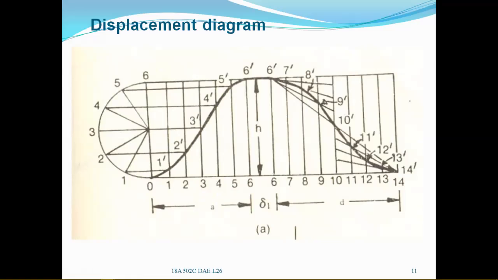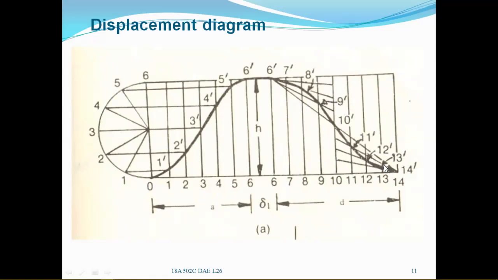And similarly for this uniform acceleration and retardation, the case is the same as the previous discussion. Let us see, as we have taken vertical divisions, from each division draw inclined lines joining 14 dash to the 14 line. Divide this middle line into the same number of divisions, and finally join each point.